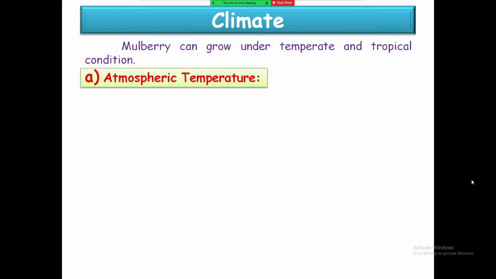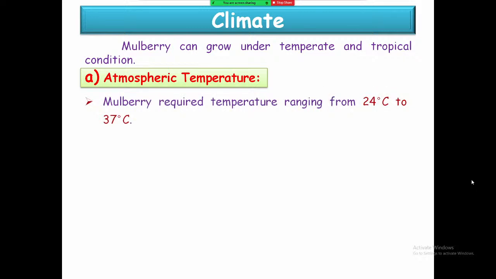So it requires a temperature range from 24 degrees centigrade to 37 degrees centigrade. Okay, this is the optimum temperature range which is required for the growth of the mulberry plants.